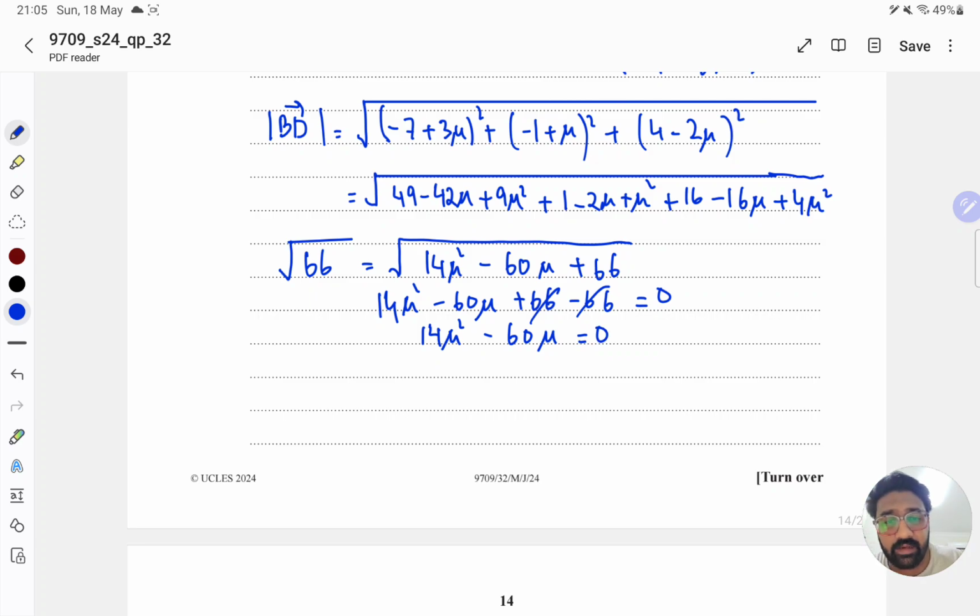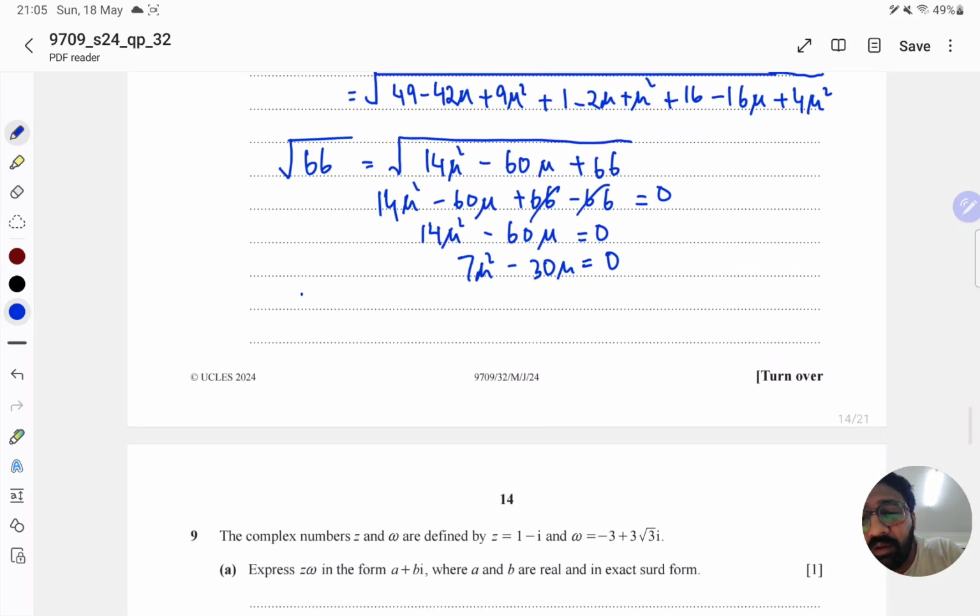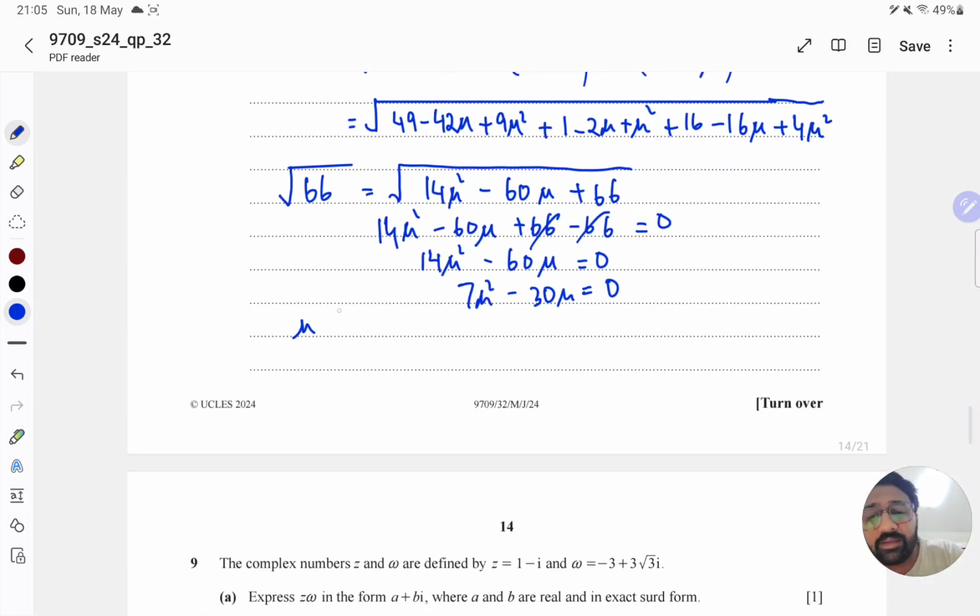So we can divide both sides by 2. We'll be left with 7 mu square minus 30 mu equals 0. Mu is common. We'll take mu common out, and that is going to give us mu times 7 mu minus 30, which will be 0. One value of mu will be 0.